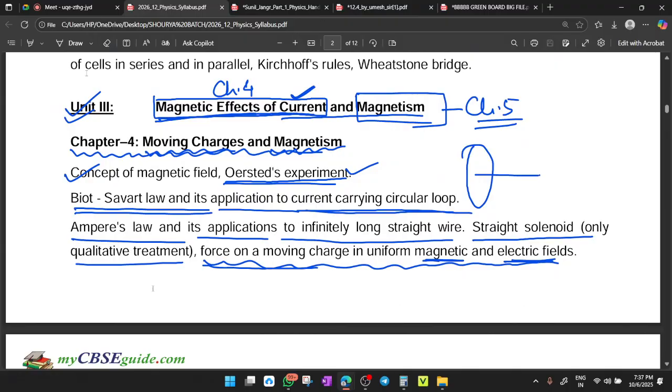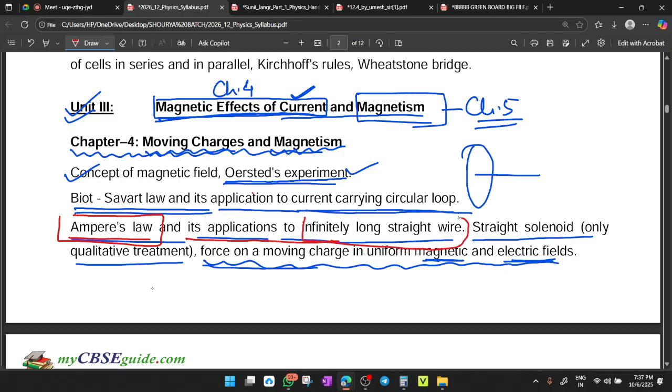So our next topic for today is Ampere's law and its application. And by using Ampere's law, we have to derive the magnetic field intensity of an infinitely long straight wire. We found the intensity of an infinitely long wire is mu naught I upon 2 pi r.